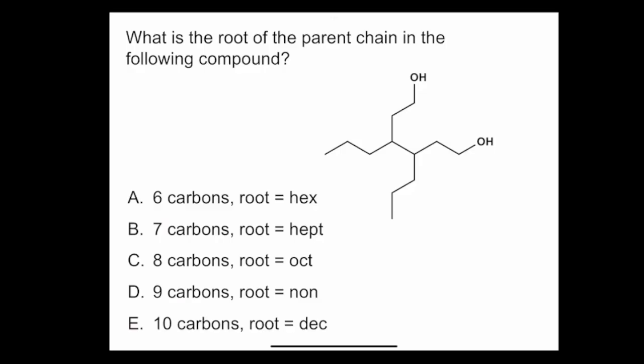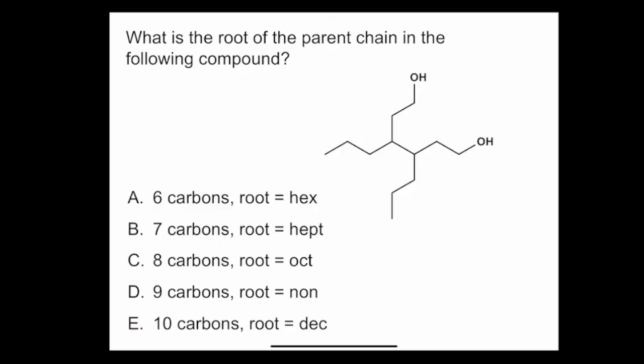Which is higher priority? The root molecule is a carboxylic acid, highest priority. That means everything else gets defaulted as a substituent. The nitrile would now be a substituent, not a main chain one. Then you would have to number it. Yes, and you have to know what number it is. Exactly.